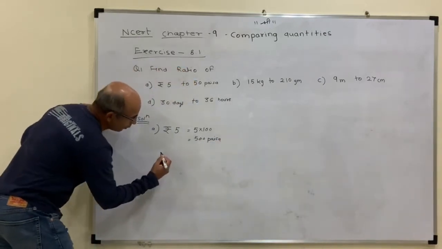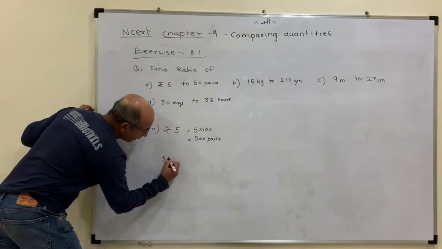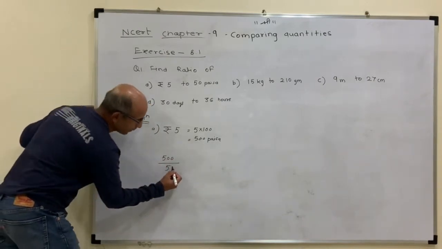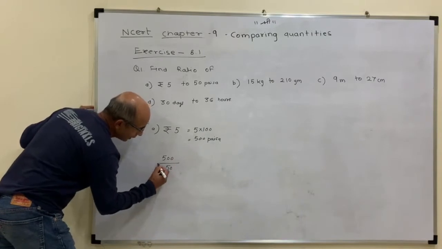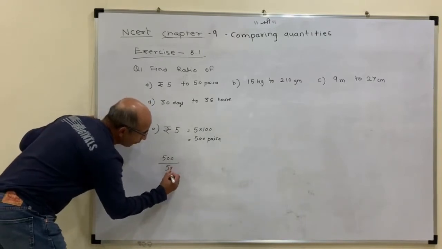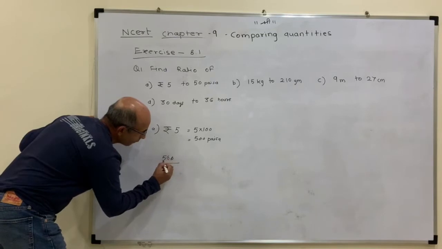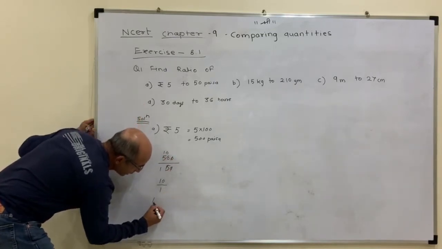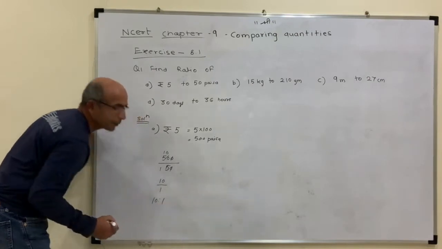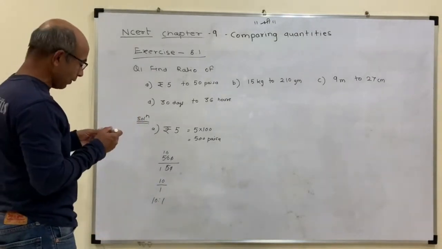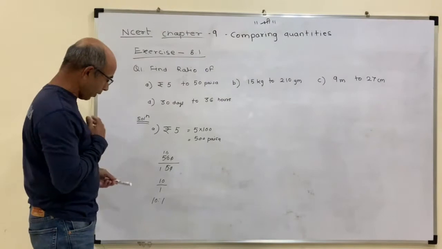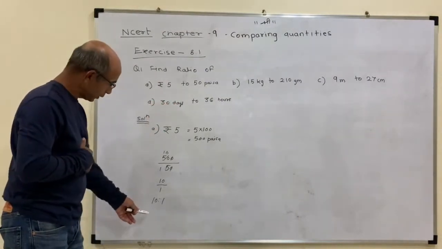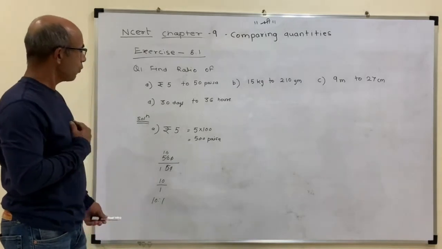Therefore, I am looking for 500 paisa divided by 50 paisa. 5 ones are 5, 5 tens are 50. So that comes out to be 10 to 1. So for every 1 paisa there are 10 paisa here. The ratio is 10 to 1.